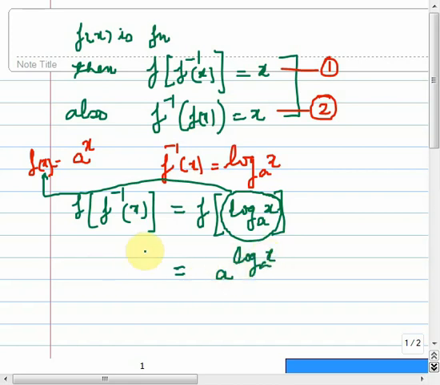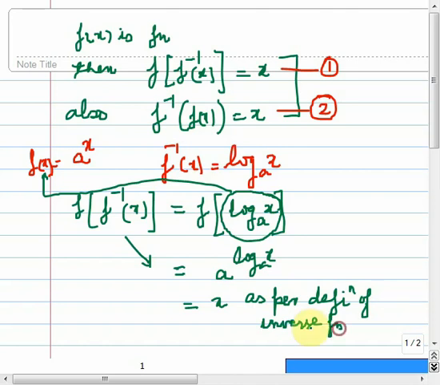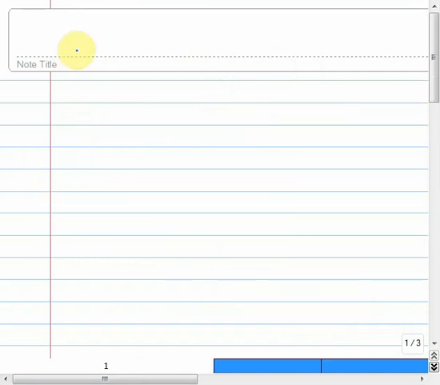This will be this function, and we know this is equal to x as per the definition of inverse function. So what do we get? We get our proof that a to the power log m to the base a is equal to m.